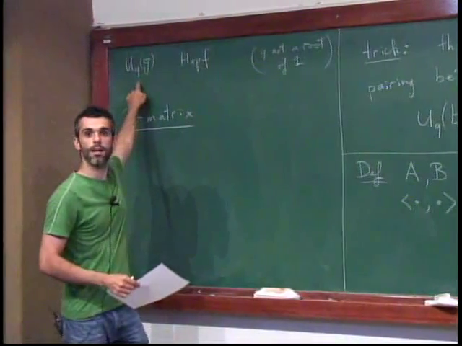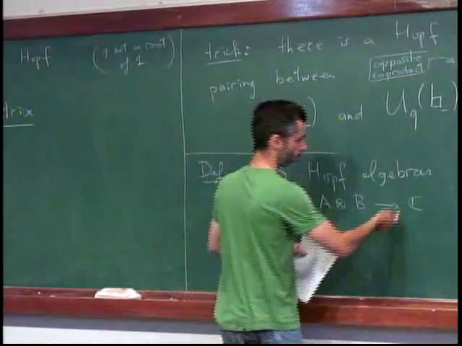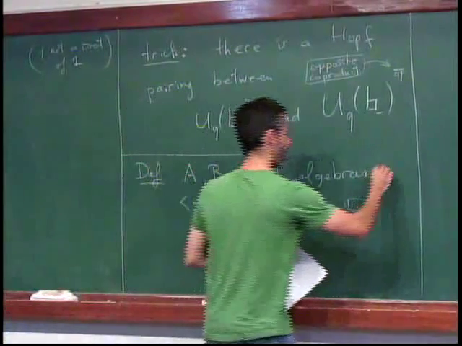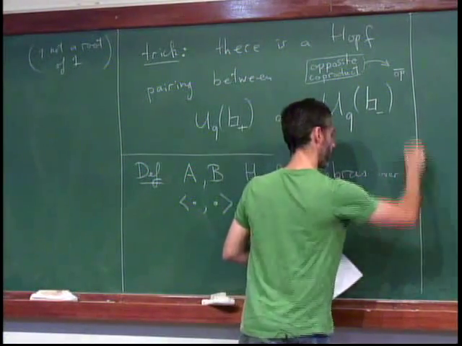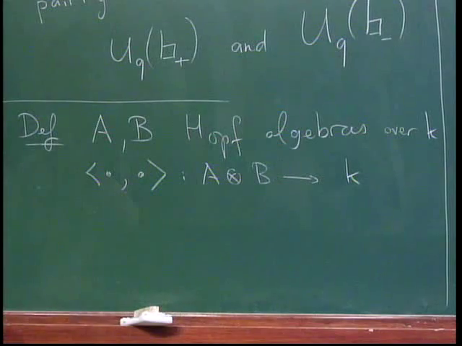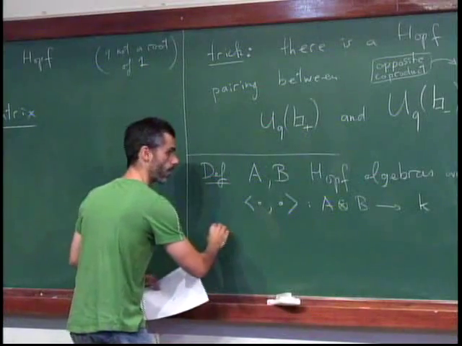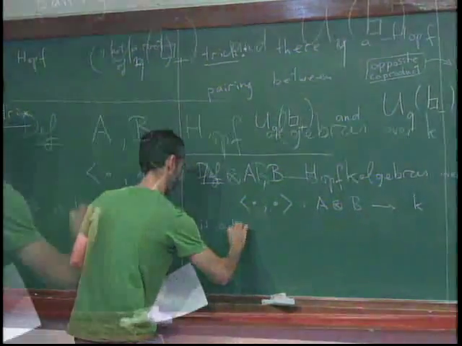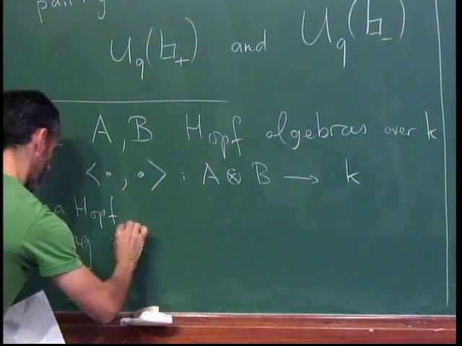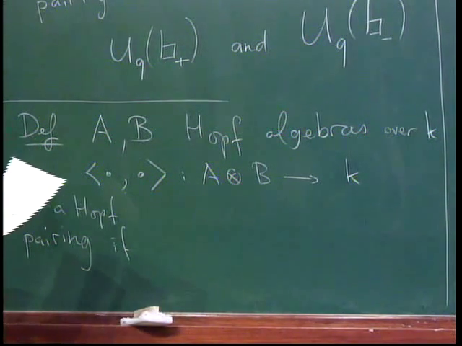If we're doing UQG, the ground field would be C adjoint Q. Now, over K, a field. So this thing is called a Hopf pairing if it satisfies certain axioms, which I'll write down.